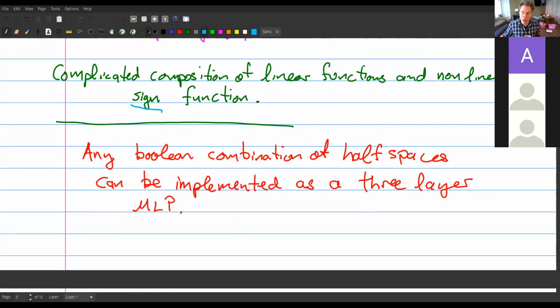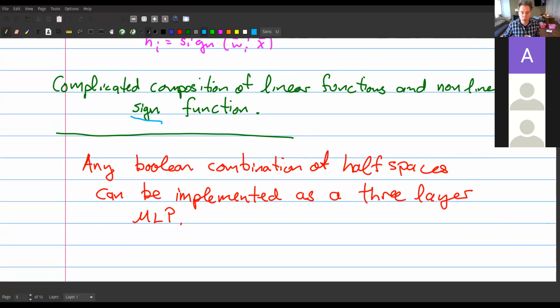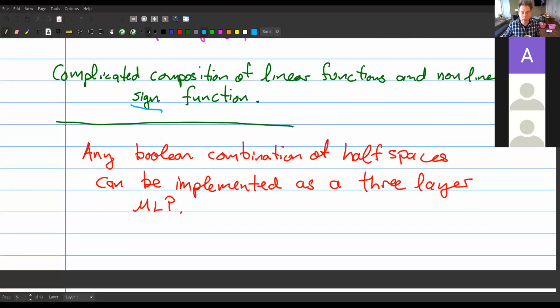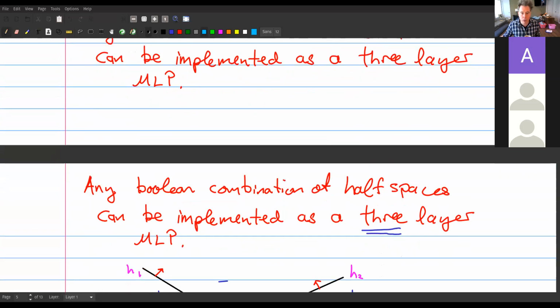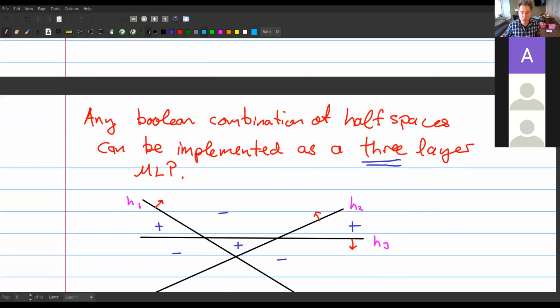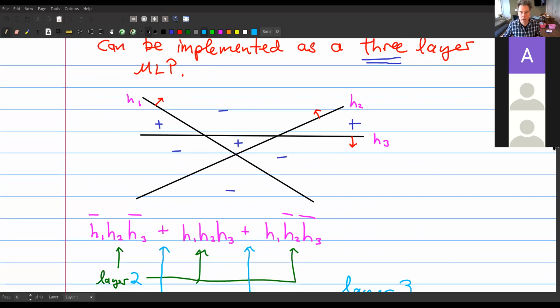So we did this for XOR, but the same trick works for any Boolean combination of half spaces, and you can still do it in 3 layers. Here's a more complicated example. In this example, these plus regions are the regions that we want to contain the positive instances. And we can express it like this.